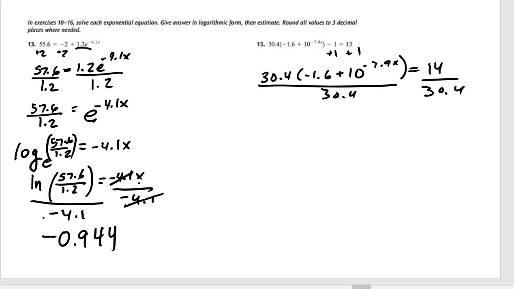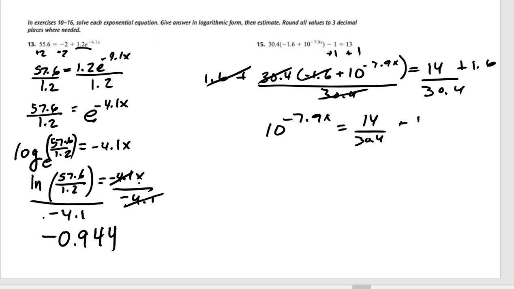I'm just trying to get that term with the base and the exponential term by itself. And then I'm going to add 1.6 to both sides. So that will give me 10 to the -7.9x is equal to 14 over 30.4 plus 1.6.